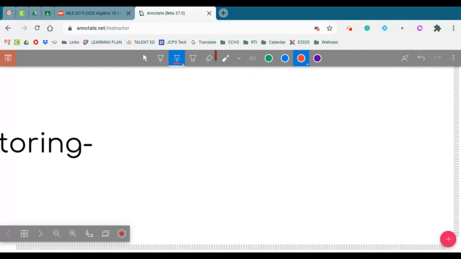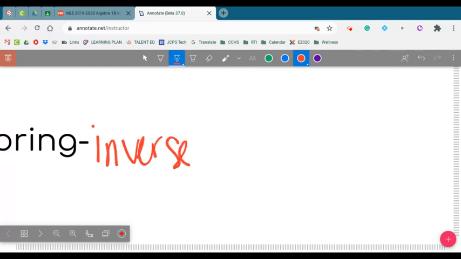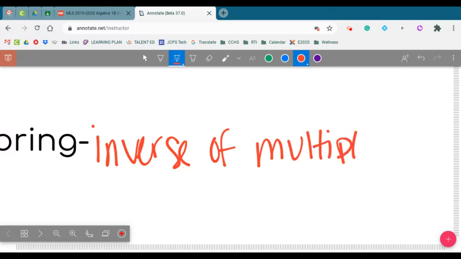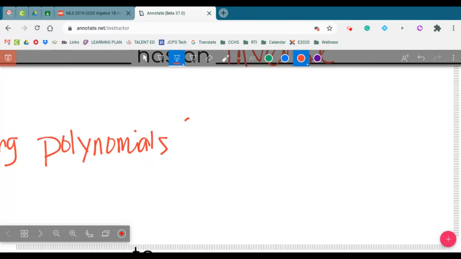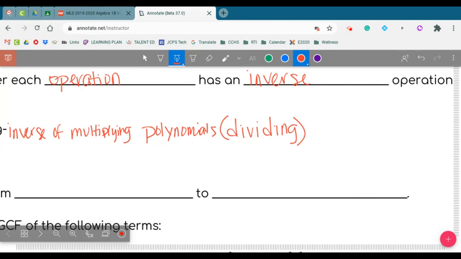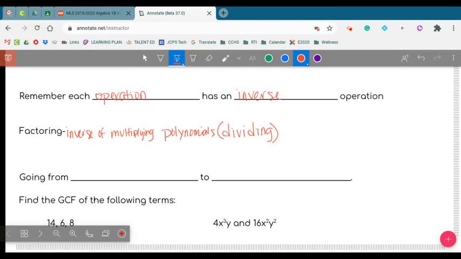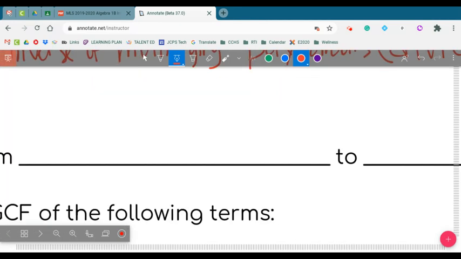So whenever we're factoring, this is the inverse of multiplying our polynomials, which is also called dividing. So we're basically going from a whole polynomial to multiple polynomials.